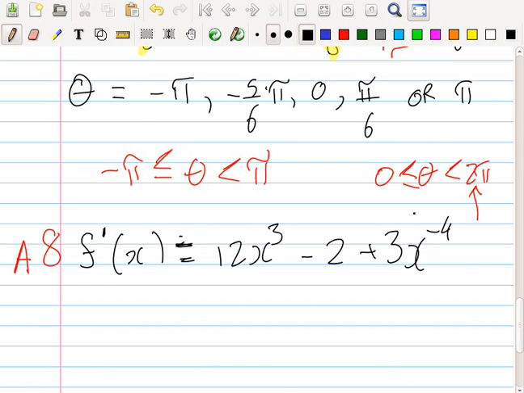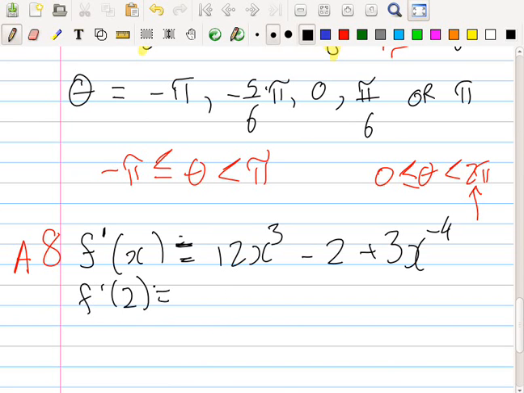Now what does x equal in this question? Look at the question. 2. See there? He says it's 2. Now look, he gives us the y, but we don't even need the y. So 2 cubed is 8. 8 times 12 is 96, is it?